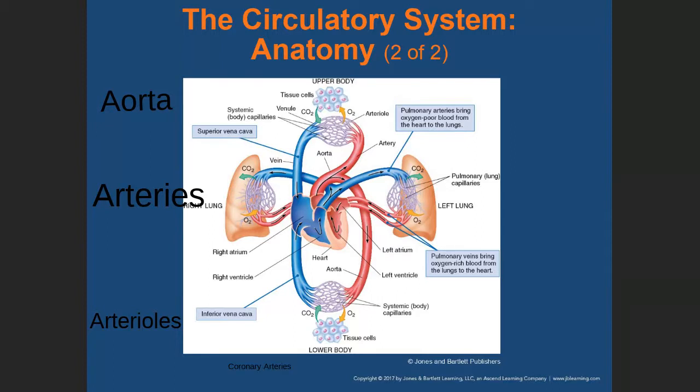I can enlarge that as well. All right, enlarge. Oh, that disappeared. All right, here we go.